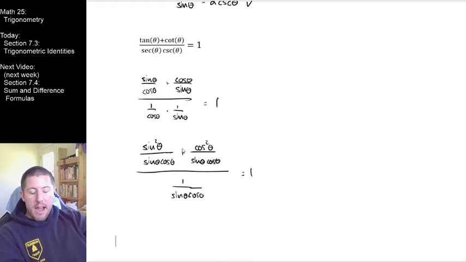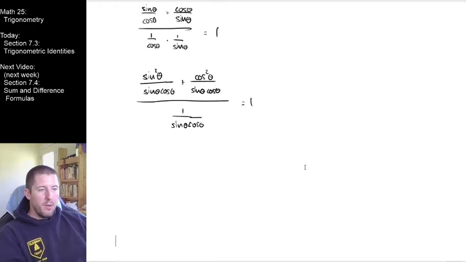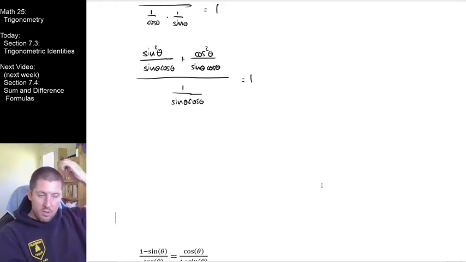Now I can add my fractions together and check out what's happening up top right here. I'm going to add sine squared plus cosine squared, and you are very familiar with what we're going to get from that guy right there. We just used that once.